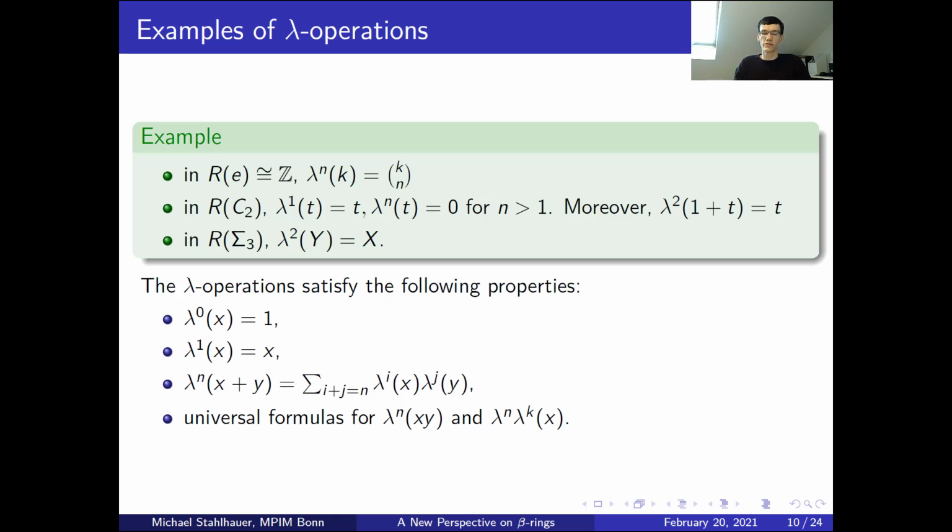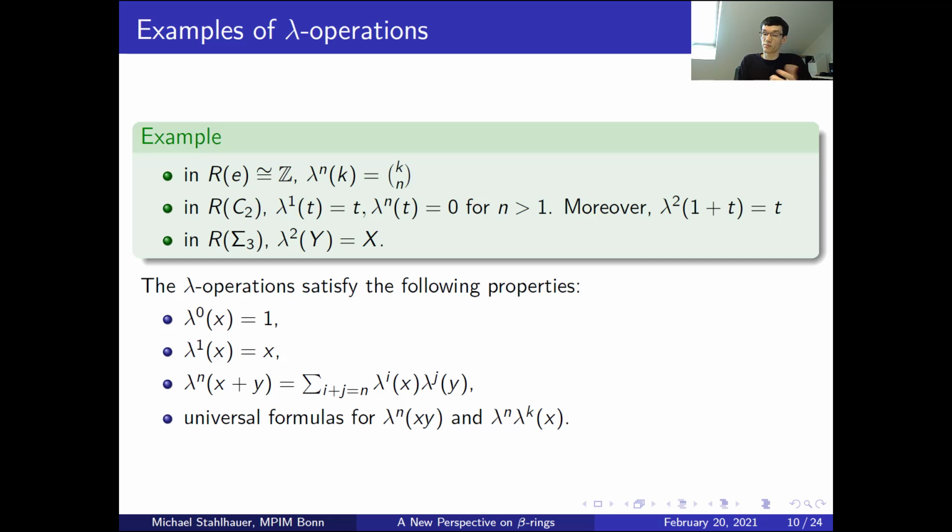Then you have an additivity formula, which is similar to a binomial formula. So if you take an alternating power of the sum, you get a sum of products of lambda operations. You also have universal formulas for the lambda operation of a product and a composition of lambda operations. These universal formulas are polynomial in lambda i of x and y, and lambda i of x, respectively, and they don't depend on x or y or the ring we are working in. So these are really universal.